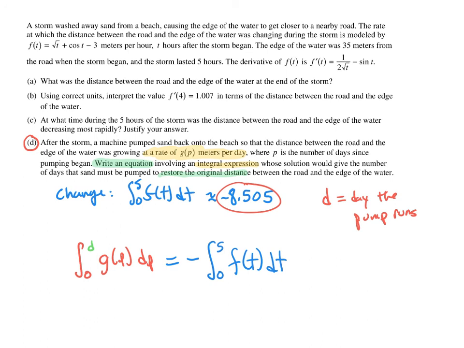I don't know how long I'm going to run that pump, but I know I'm going to stop when I get back to where I started. We started at 35, and the way we undo the change is do the opposite of the change. And so, yes, this does accomplish what we were asked to accomplish. So that's great news. I'm going to highlight that and call it good.